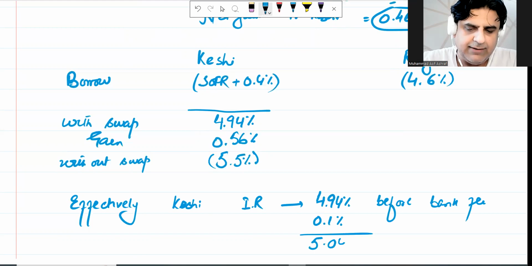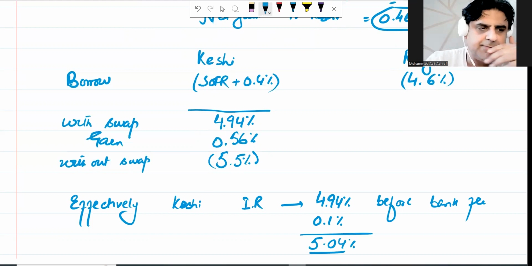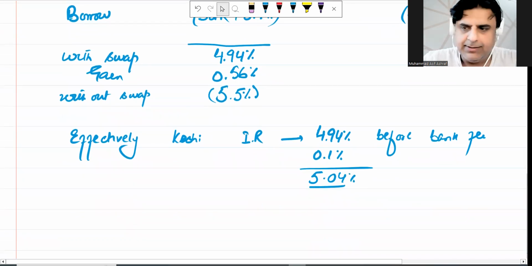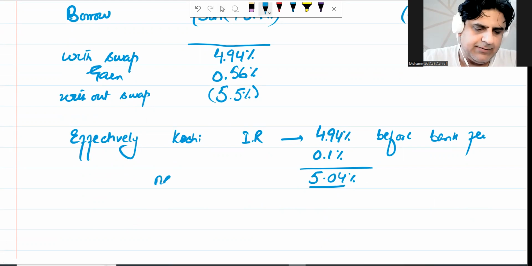So the net effective rate is 5.04%. Okay, so this is the net effective rate. You can further explain this calculation.